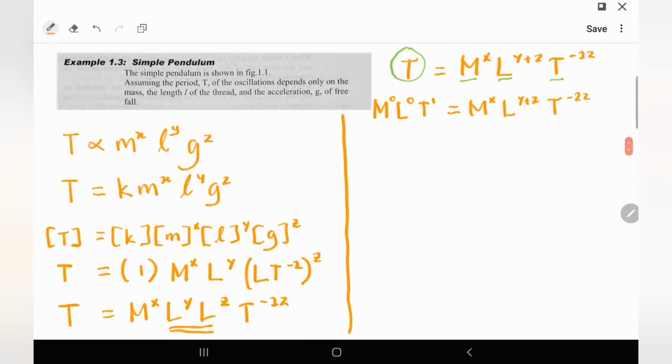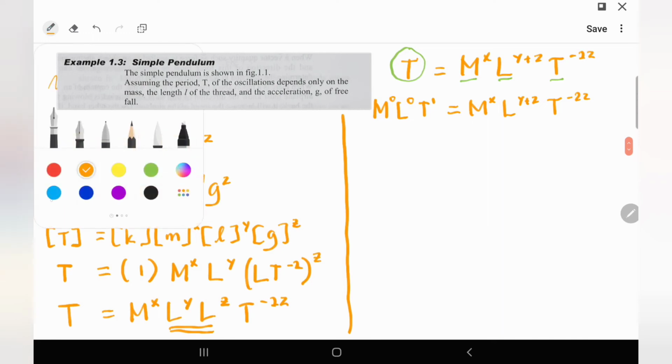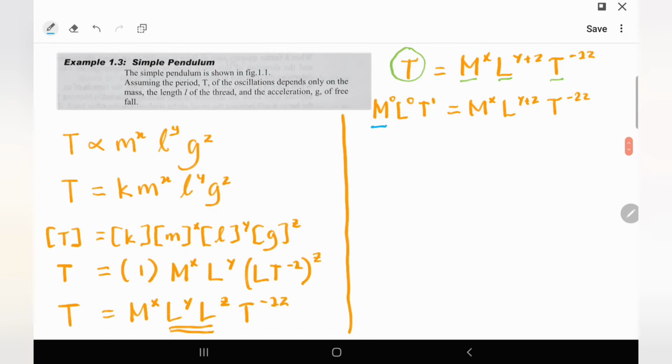Alright, so remember, M to the power of 0 still equals 1. L to the power of 0 still equals 1. So that 1 times T, you will get T, isn't it? So they are the same actually. Alright, after that, we just compare each item now. M and M, L and L, T and T. So we just refer to the index number only.